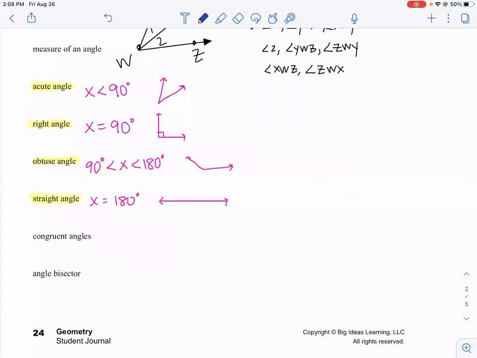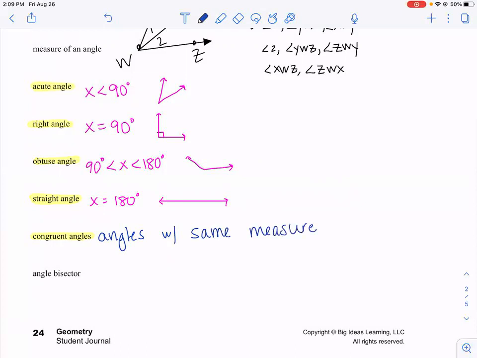To be the same measure. So if we're talking about congruent angles, we have angles that have the same measure. For a segment it's the same, but for an angle, length wouldn't make sense. So angles with the same measure.